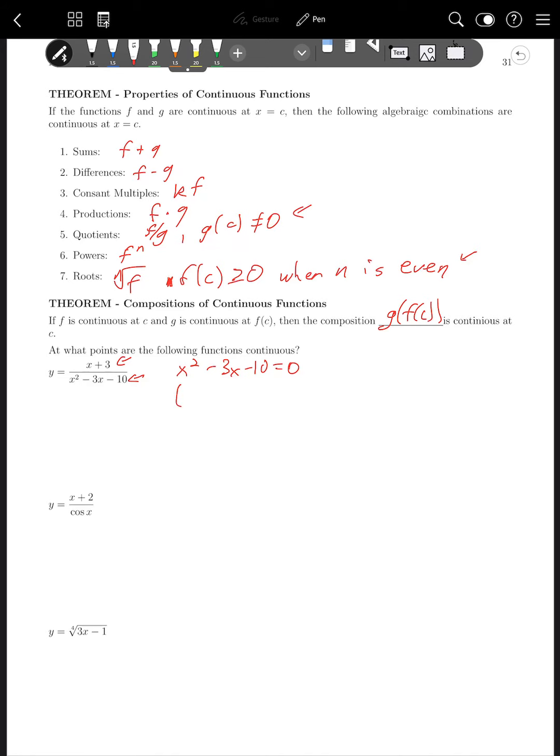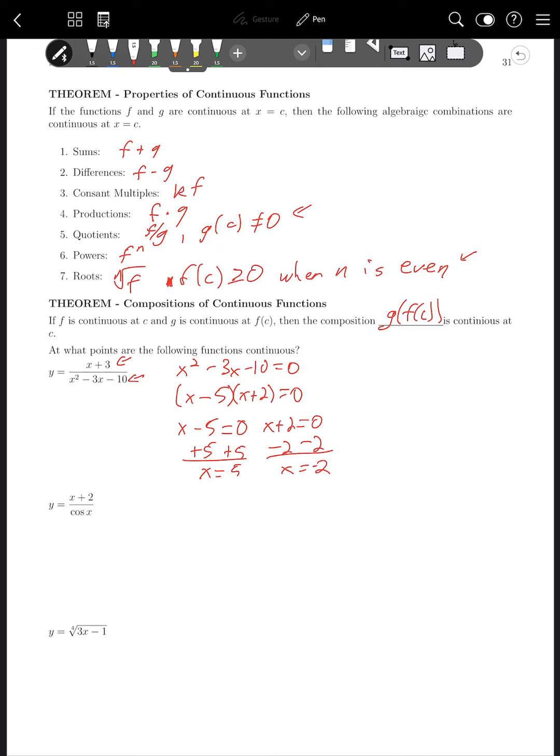So we can factor this. Two numbers that multiply to get negative 10 and add to get negative 3 are negative 5 and positive 2. And so we end up with x equals 5 and x equals negative 2.